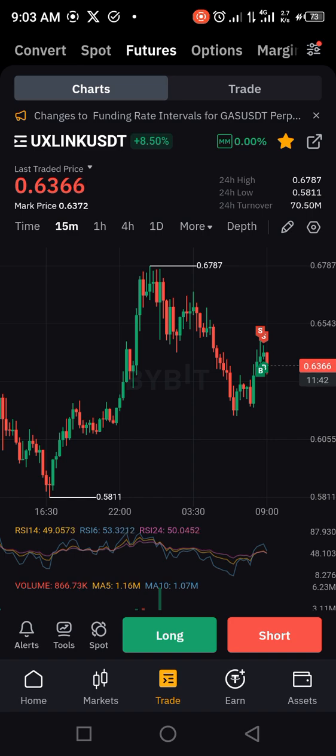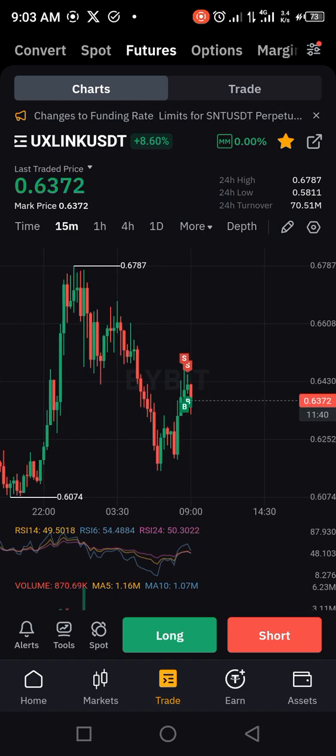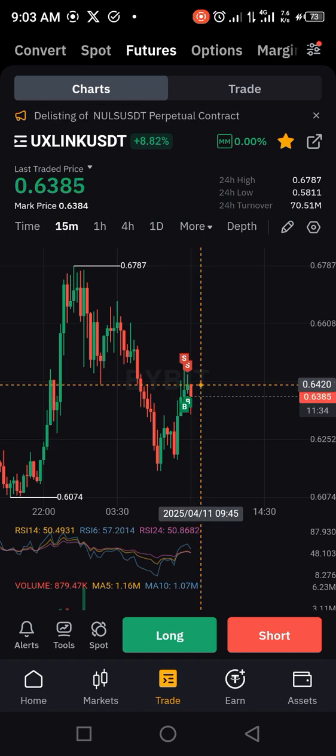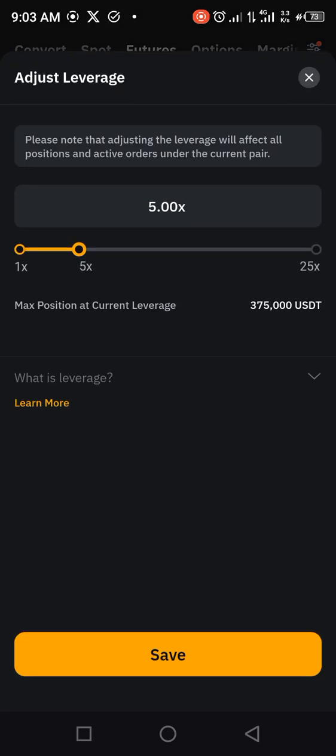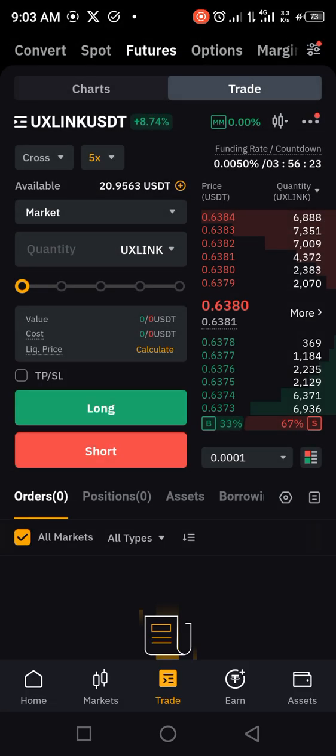For example, if you enter a buy trade, for instance, and this market moves up 1% move to the upside, you multiply 1% by what? 5. This 5 here that you have set as a leverage. That means you are making 5% of whatever amount you are using to trade that particular coin.